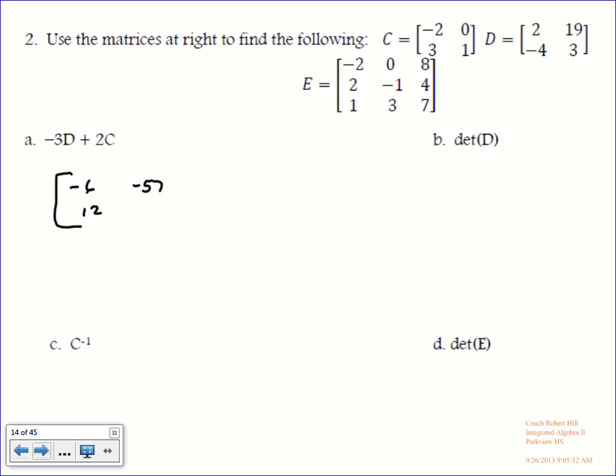Negative 3 times 3 is negative 9. Guys, I just took everything in D and multiplied it by -3. Now I'm going to add that to 2C. So take everything in C and multiply it by 2. 2 times 3 is 6. 2 times 1 is 2.